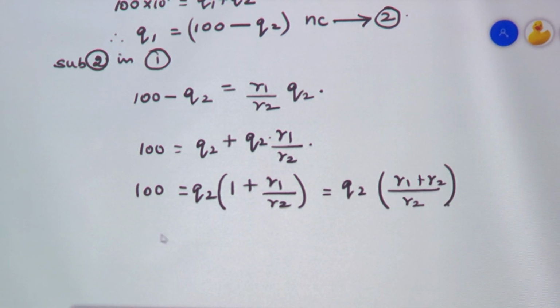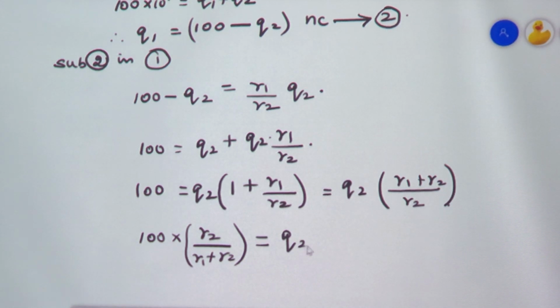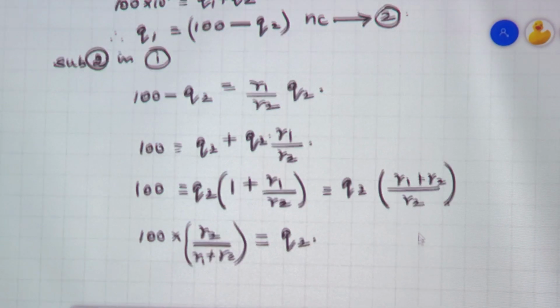Now you make a cross multiplication, 100 into R2 divided by R1 plus R2 is equal to Q2. So let us substitute the values of R1 and R2 and get the answer.